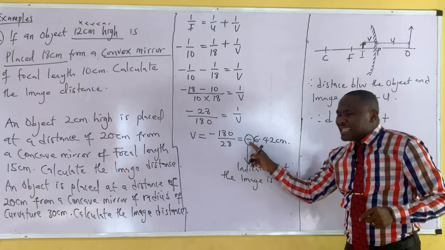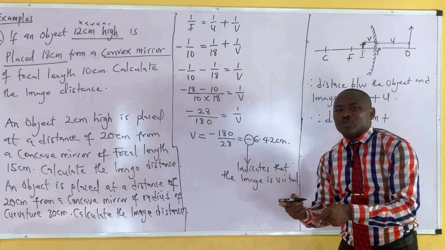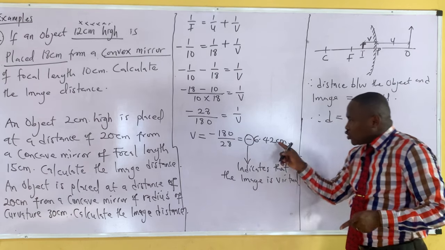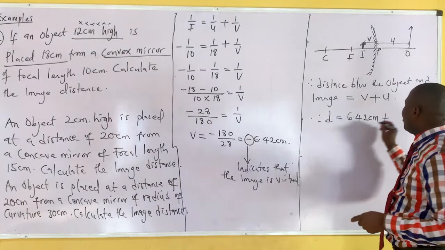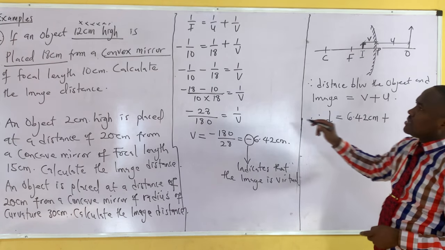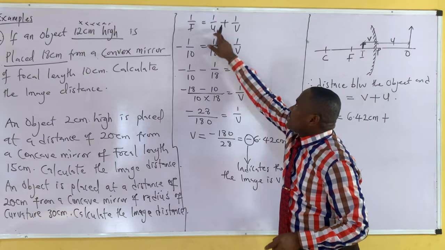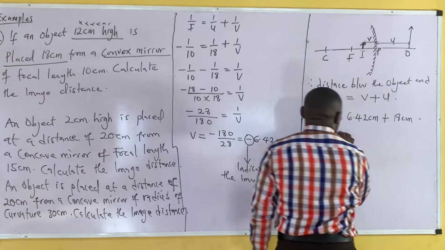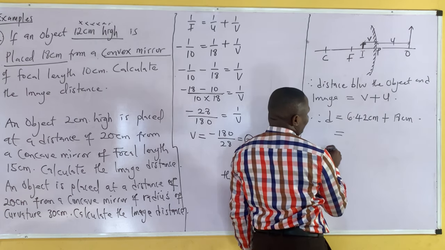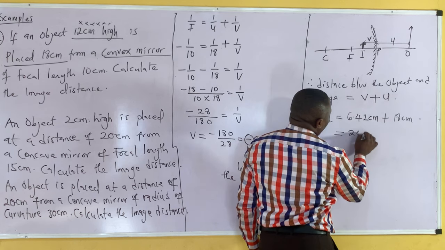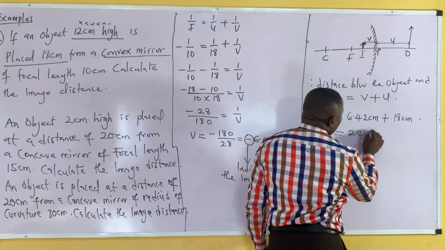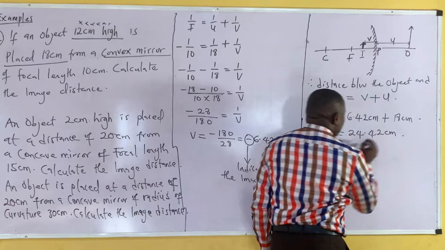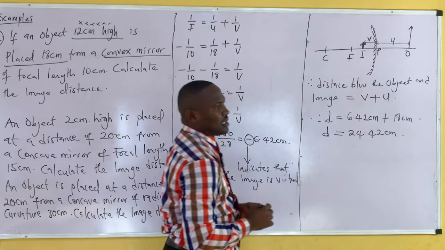Remember, the negative sign is only telling us the description of the image. So it is 6.42 plus the object distance is 18. That's our U, plus 18 centimeter. So that will now become 24.42 centimeter. That's our distance.